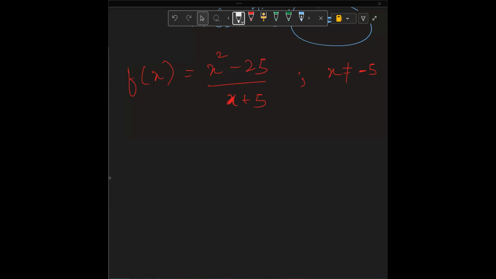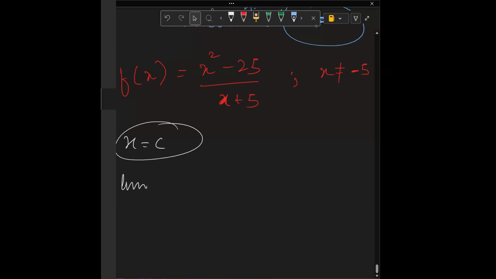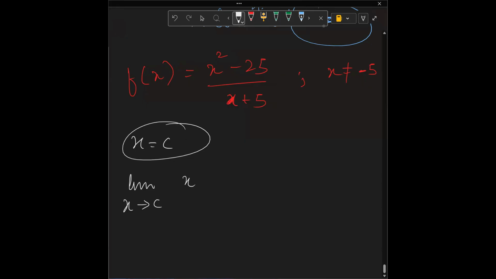Okay, so you are saying that you have checked at x equals to c, right? At this, your limit x tending to c of x square minus 25 upon x plus 5 is going to be c square minus 25 over c plus 5.